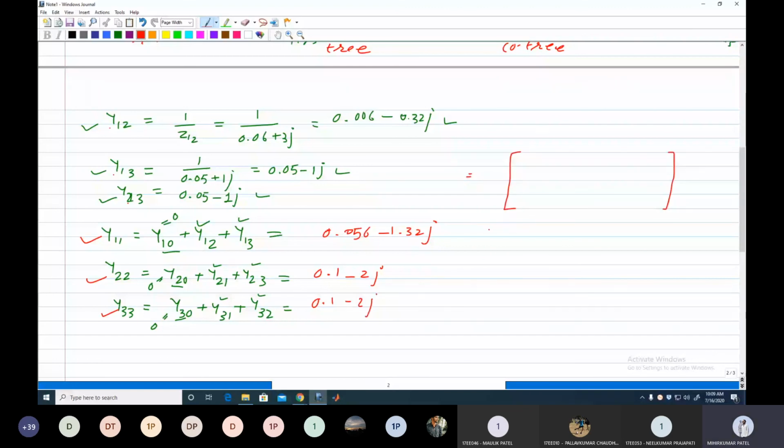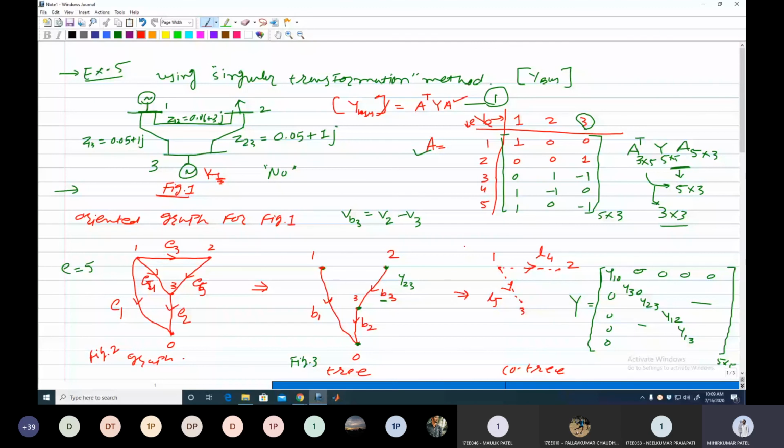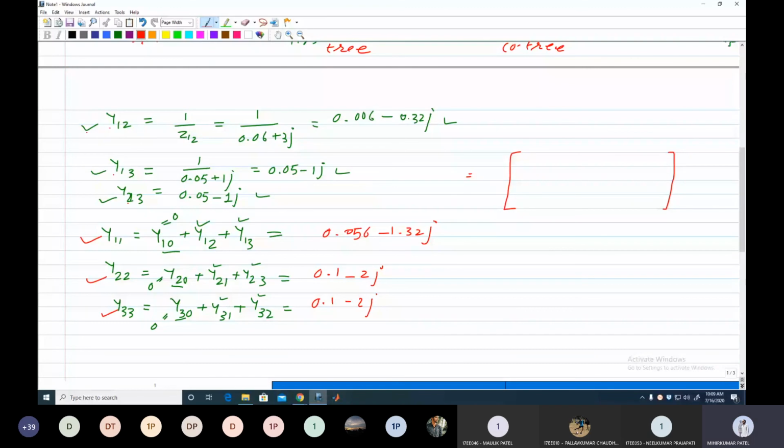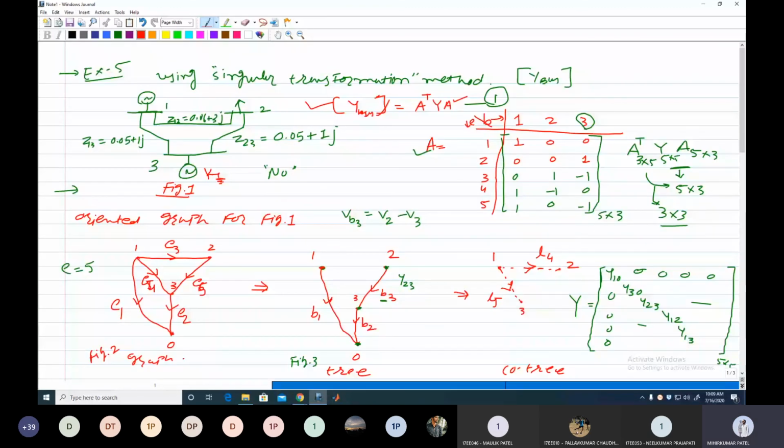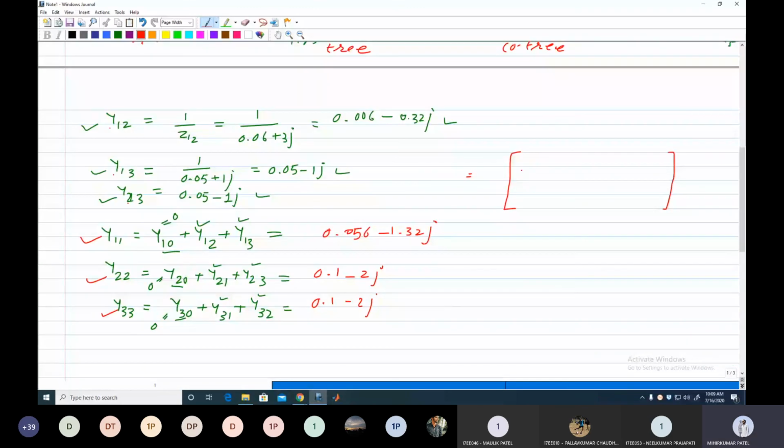But before that, you have to derive the matrix using equation number 1, and then substitute this calculated value into the final matrix. Clear? Using singular transformation. So, clear up to this? Just calculate this final matrix.